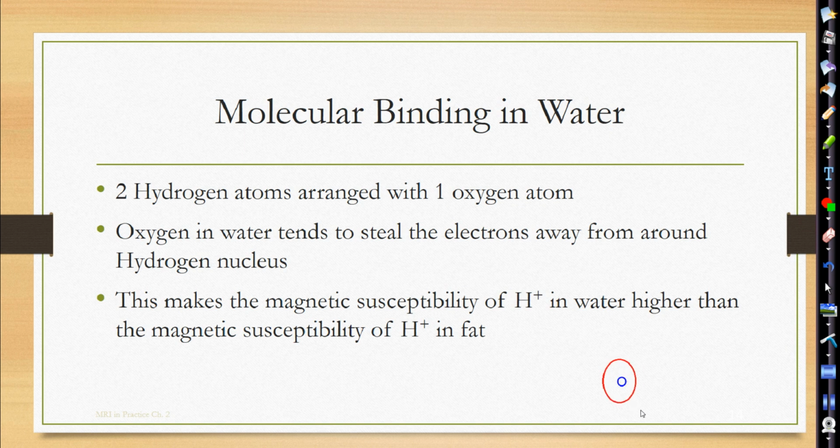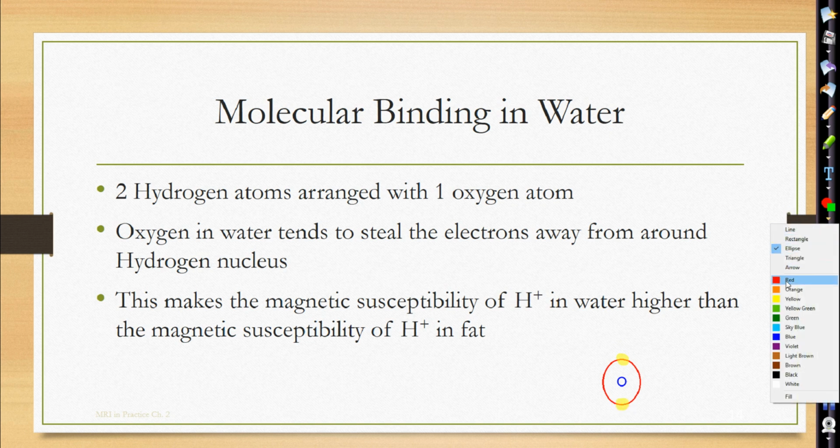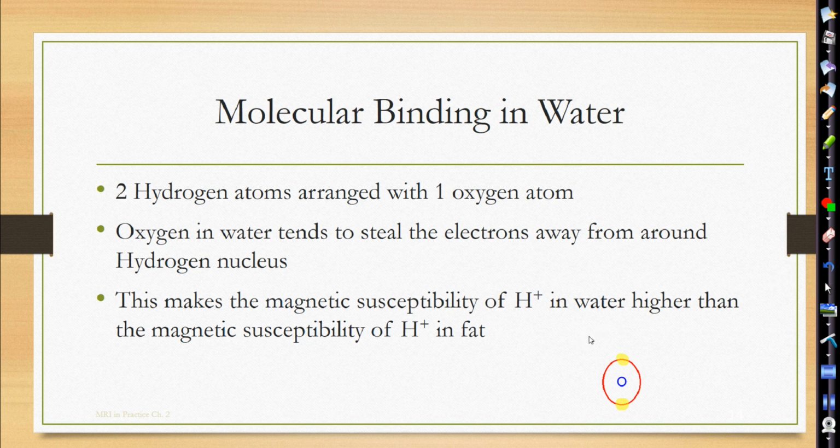Okay, so for the first shell, we have 2, 1, 2. How many do we have in the next shell? 4. Is it 4 or is it? What's our atomic number of oxygen? 8.